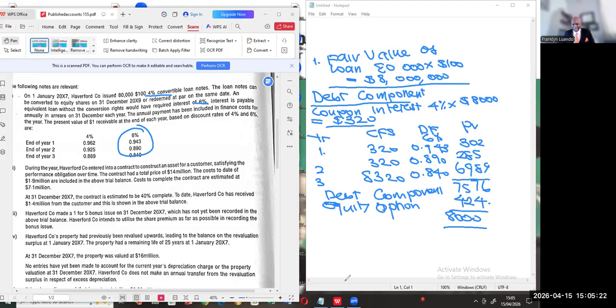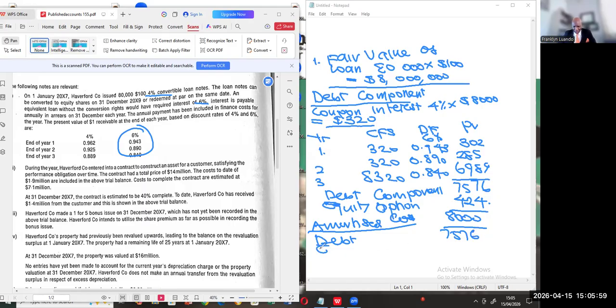Now, I want you to understand that the debt component must be remeasured at amortized cost as per the requirement of the standard. So amortized cost, we have debt component, 7,576.